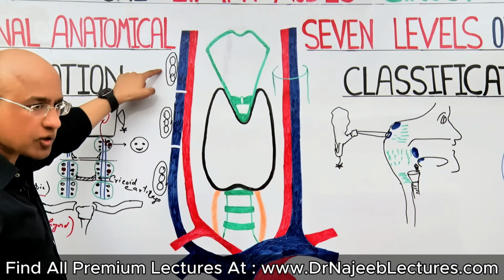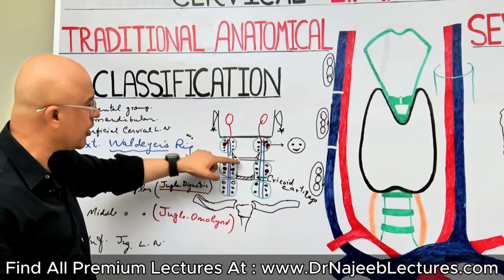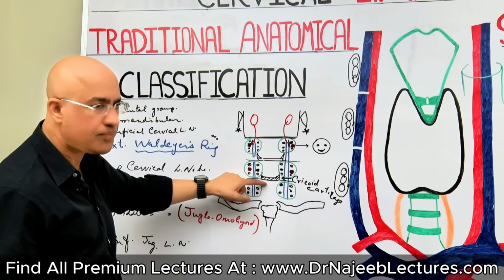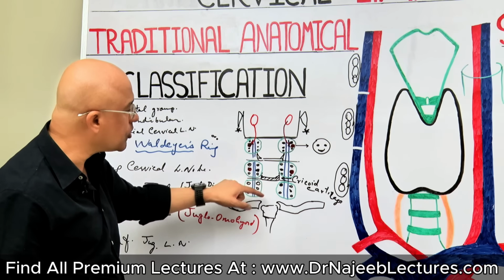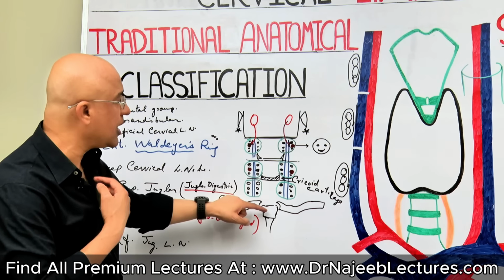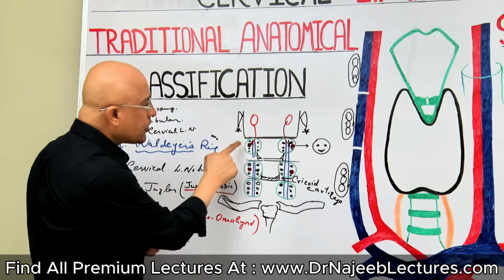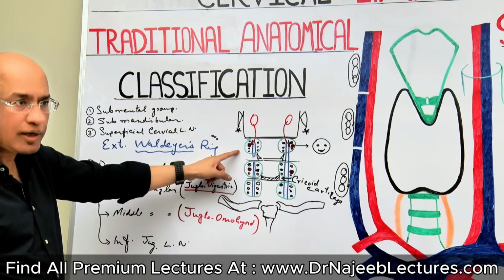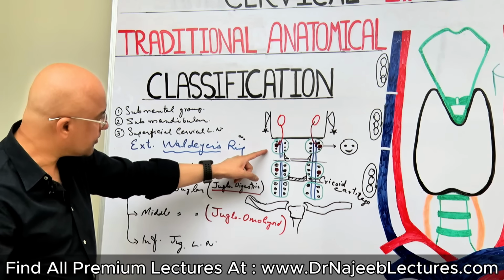So there is superior group, which is from the base of the skull up to the hyoid bone, and then there's middle group, which is from hyoid bone up to level of cricoid cartilage, and then inferior group or lower group from lower border of cricoid cartilage up to the clavicle. Now, most important lymph node in upper group was jugulo-digastric, drainage for tonsils, usually a larger lymph node.